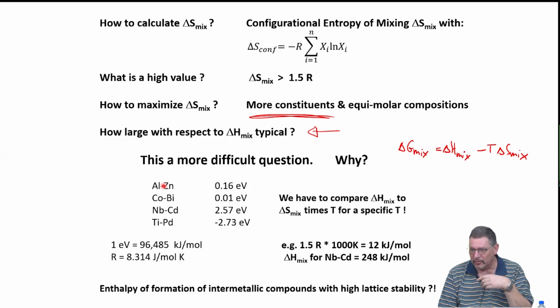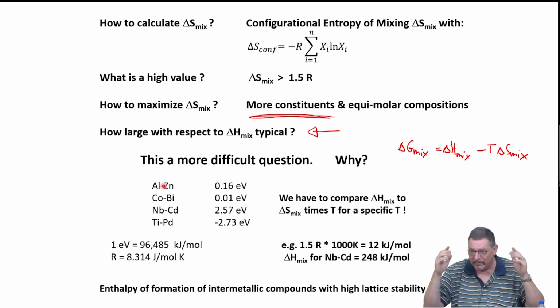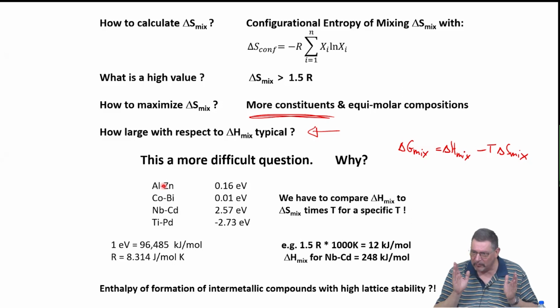Then there are also the formation enthalpies of the intermetallic compounds to be reckoned with. They are tabulated in different tables, and are often even higher than the mixing enthalpies I have listed here. If an intermetallic compound with a very large negative value of the formation enthalpy is present in your system, it will form and it will beat configurational entropy each time.